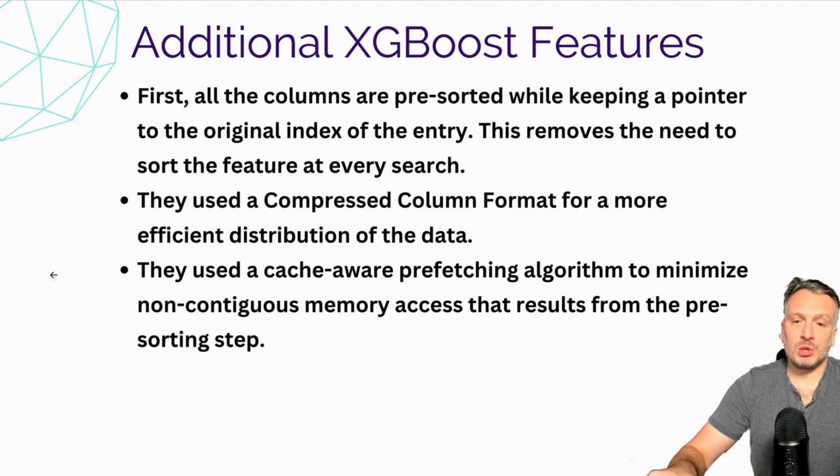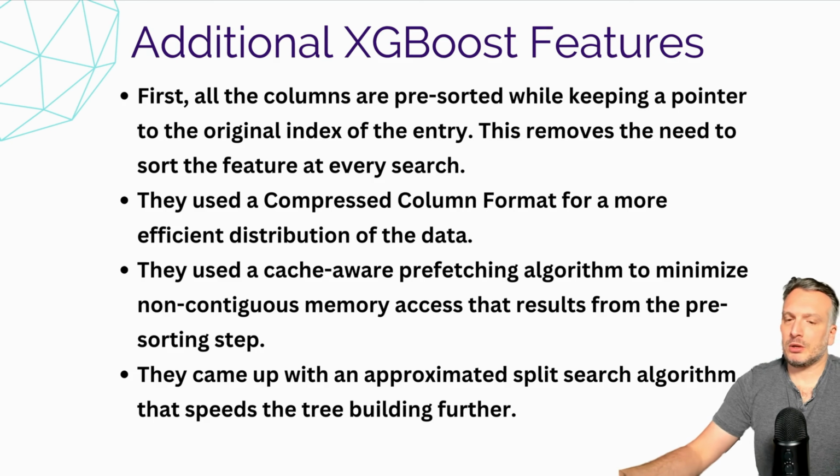They use a cache-aware prefetching algorithm to minimize the non-contiguous memory access that results from the pre-sorting step. When we pre-sort the data, we change the order of the data, and the way the data is localized physically in the memory is changed. So the access of the data would be slower if we were not doing this step. A big piece that we ignored is that they also provided an approximated split search algorithm.